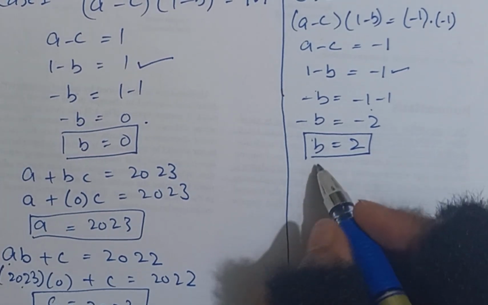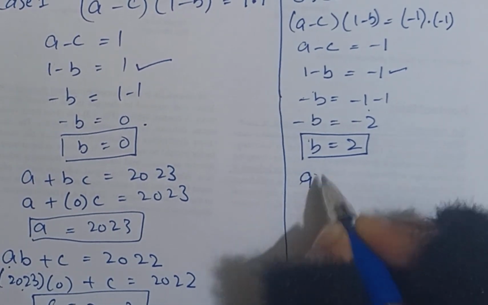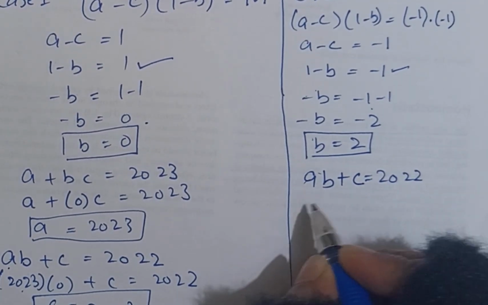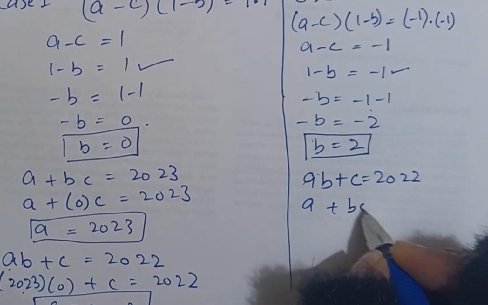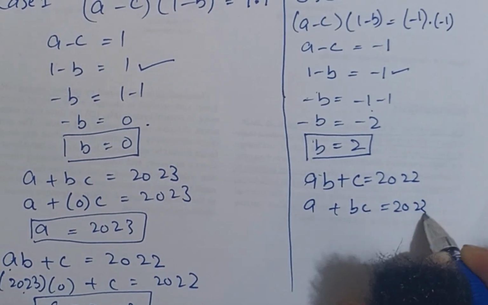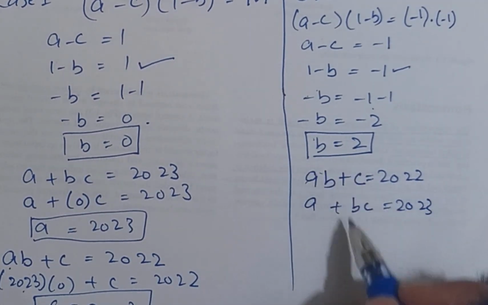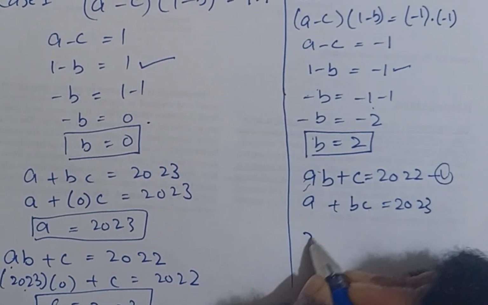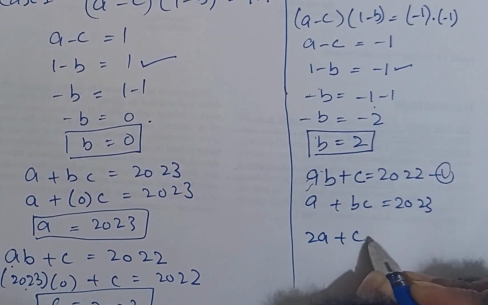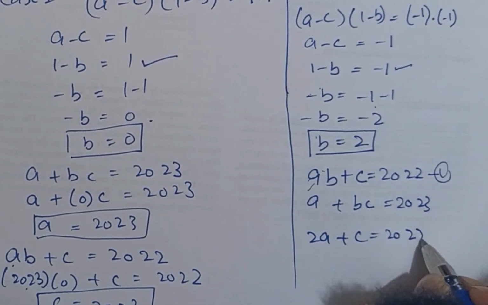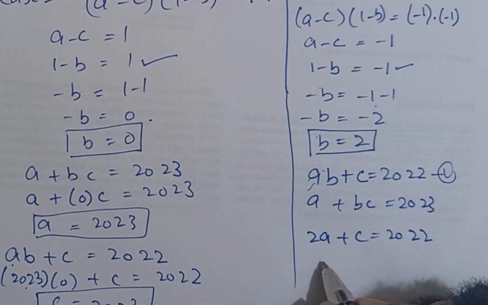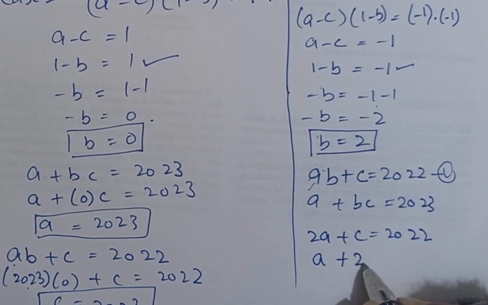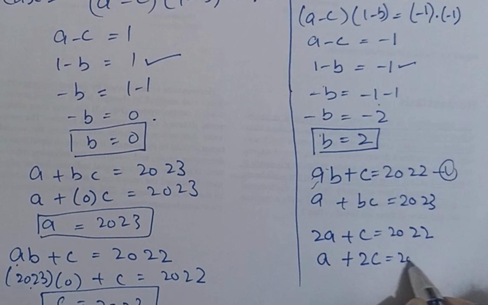So our equation 1 is AB plus C is equal to 2022, and equation 2 is A plus BC is equal to 2023. So we substitute the value of B. Equation 1 will become 2 times A plus C is equal to 2022, and equation 2 will become A plus 2 times C is equal to 2023.